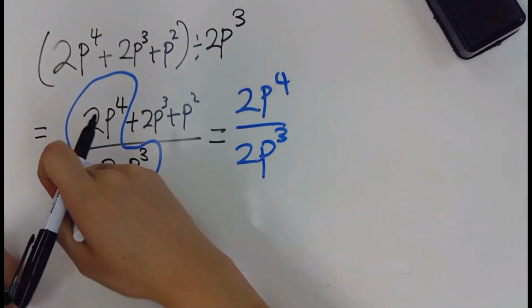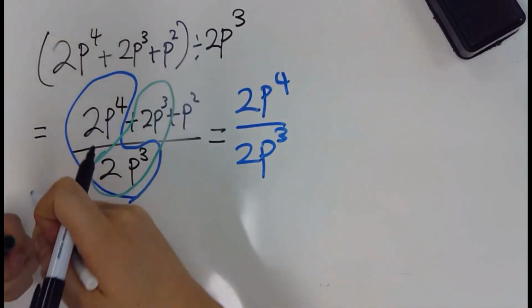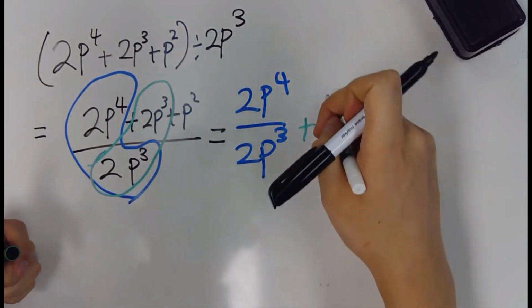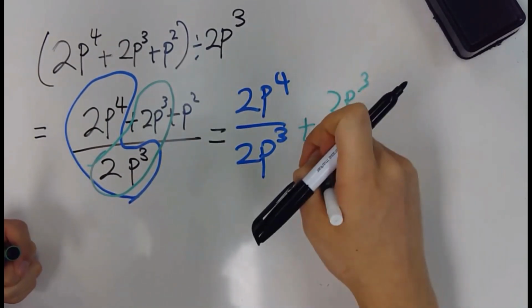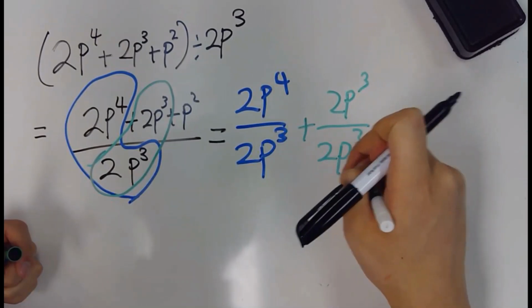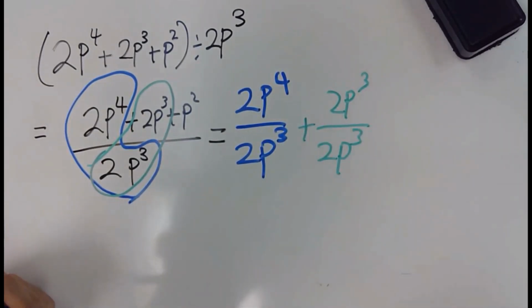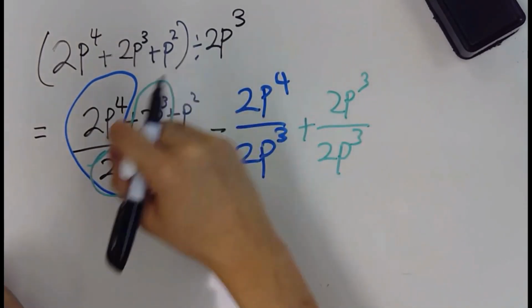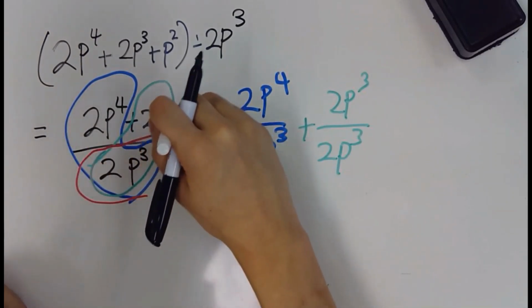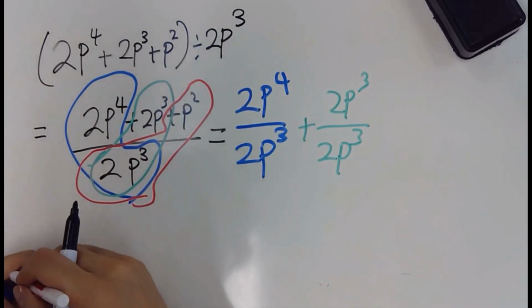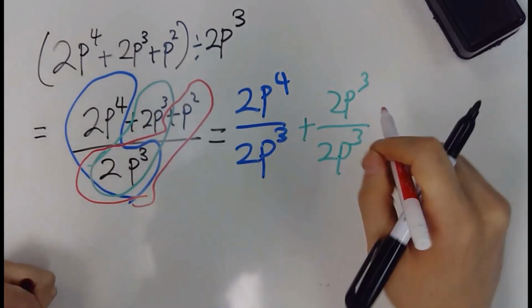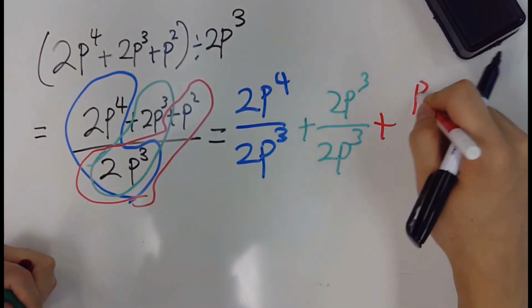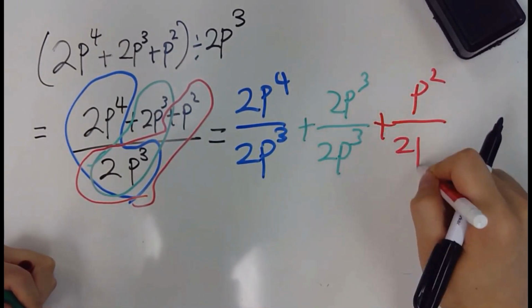And this will be rewritten as 2p cubed over 2p cubed. And then p squared over 2p cubed.